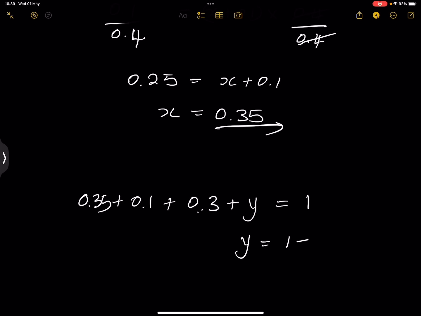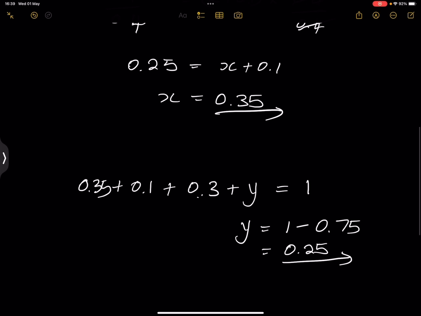Okay, I'm just going to place that value there. So that would be 0.75. So that's 1 minus 0.75. And in this case, that means Y is 0.25. I hope that makes sense, guys.